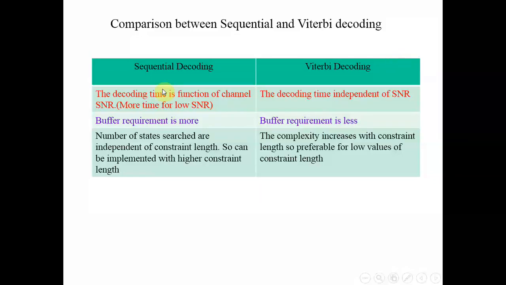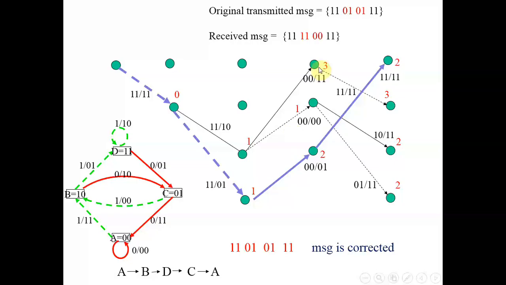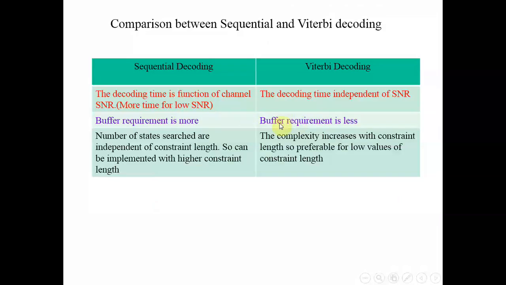But that is not the case with sequential. There, the buffer requirement is more. Here the buffer requirement is naturally less, because I just calculate the total value and start eliminating, and in fact after elimination there is no need to remember the other path. So buffer requirement is less. In sequential decoding, the number of states searched is independent of the constraint length. In Viterbi the complexity will increase with the constraint length. Why?